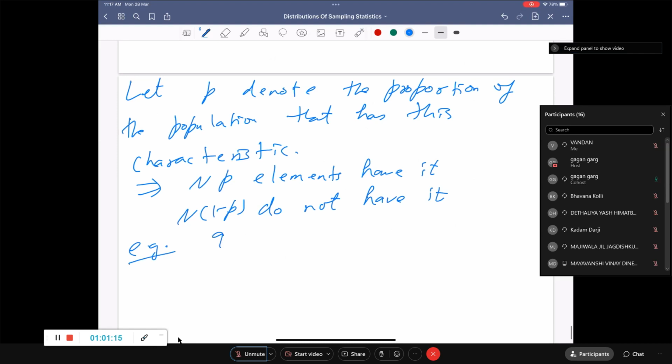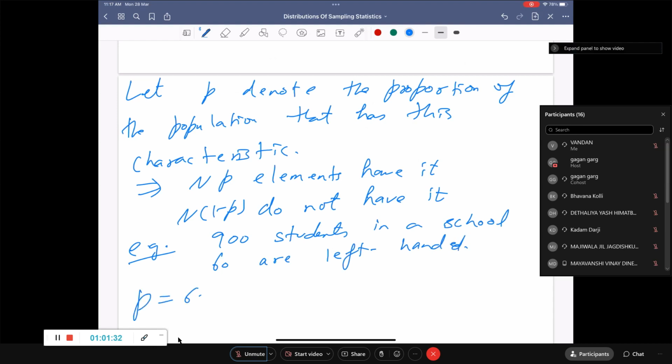So let's say there are 900 students in a school. 60 are left-handed, and p is equal to 60 by 900, 1 by 15, and 840 are not left-handed. The proportion of people who have this particular characteristic is 1 by 15, and 14 by 15 is the fraction of people who don't have this characteristic.